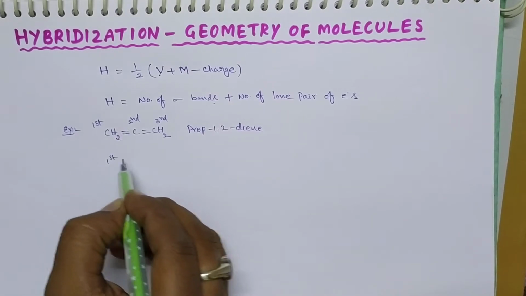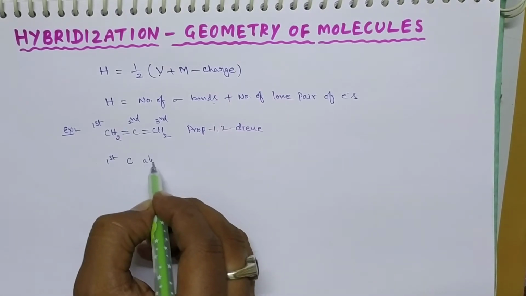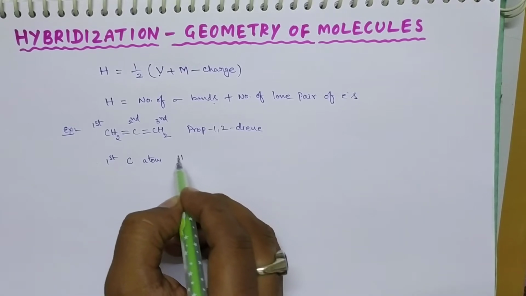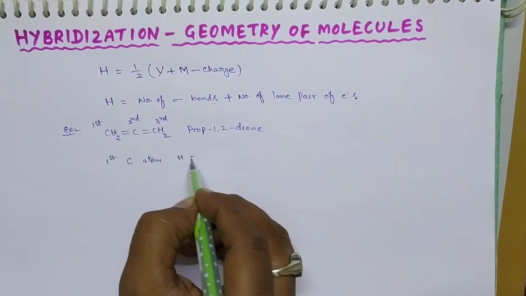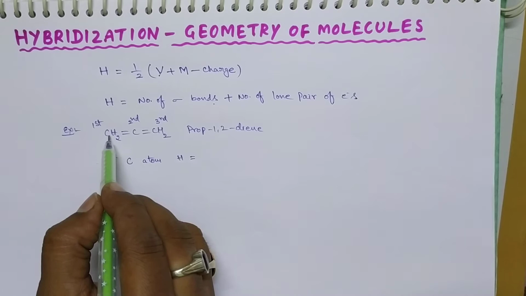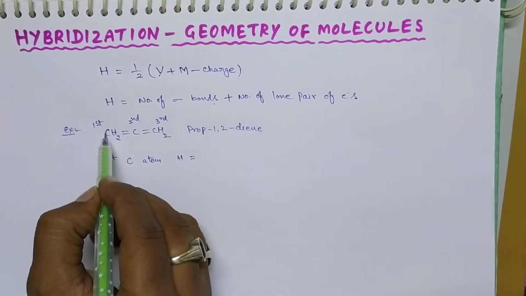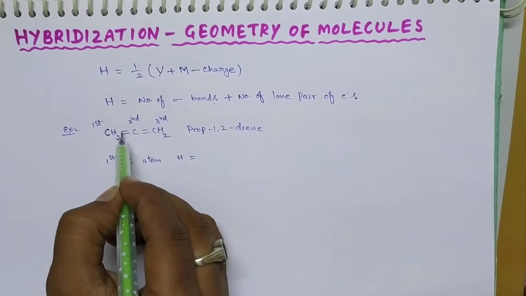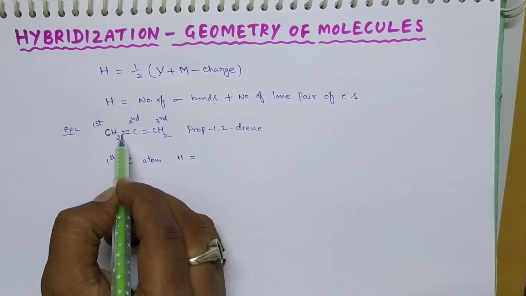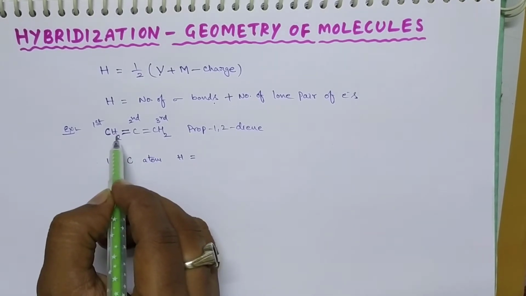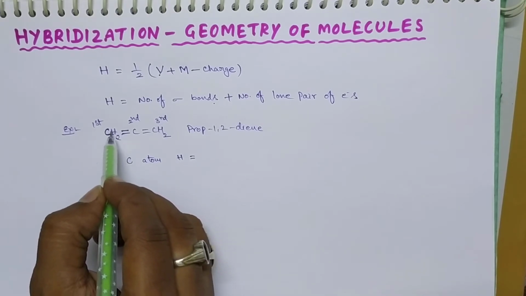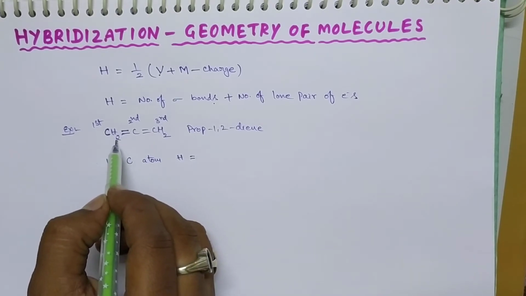For the first carbon atom, the hybridization will be equal to the number of sigma bonds surrounded by this carbon. This carbon possesses 1 sigma and 1 pi bond. There are 2 hydrogen atoms, and these 2 hydrogen atoms form 2 sigma bonds.